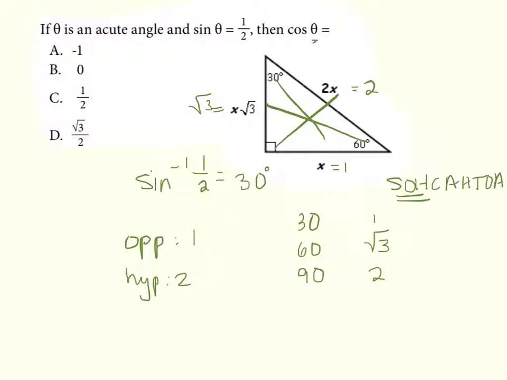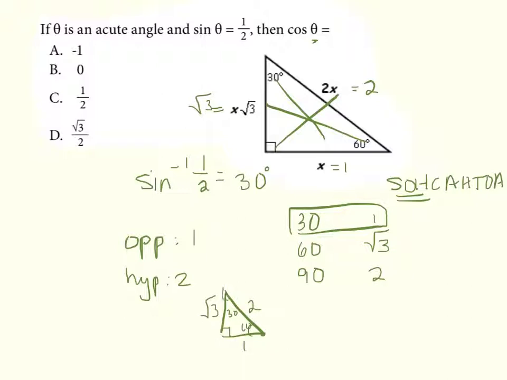So you need to think in your head, I need to redraw this triangle. I need to draw a triangle that has a 30-degree angle, and opposite the 30 is the 1, because that goes with the 1. This is the 90-degree angle, so this is the 2. And this is the 60, because it's the only one left, and this is the square root of 3.